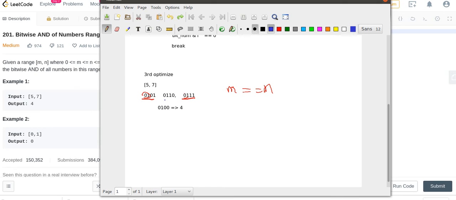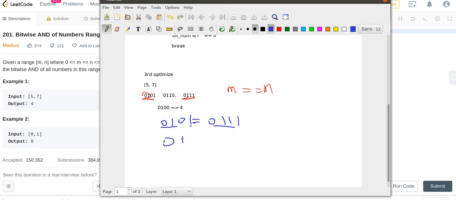We compare whether m equals n. If it's not equal, we just shift right by 1. So then we compare 0 1 0 with 0 1 1. They're not equal. So we shift right again.